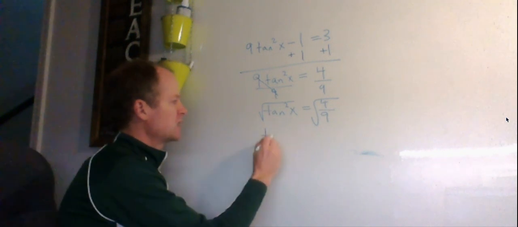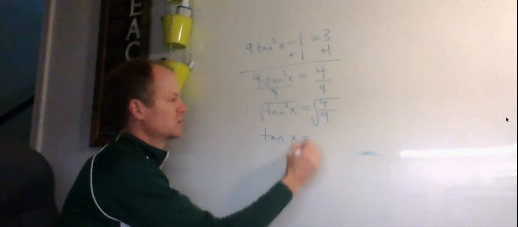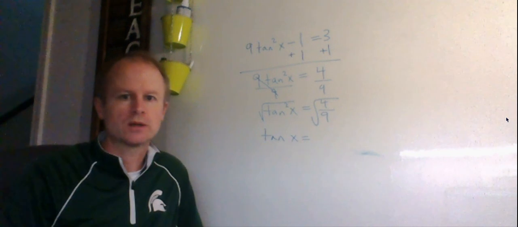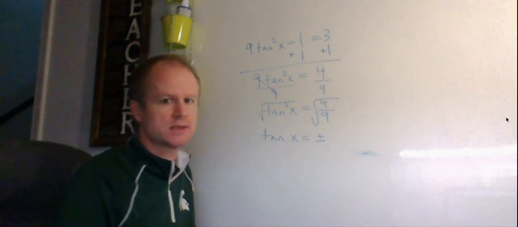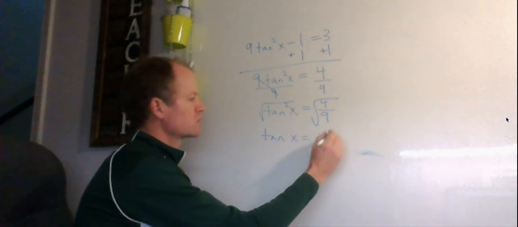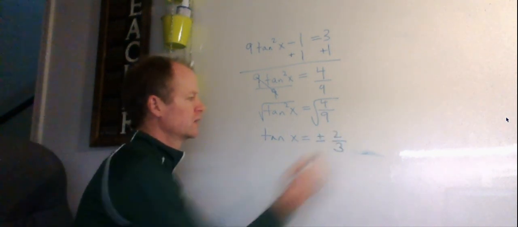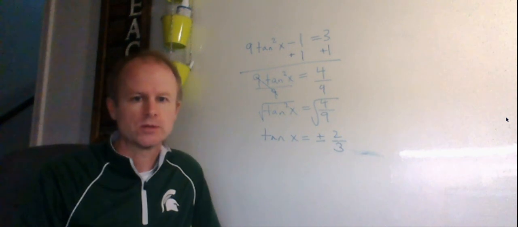And that leaves me with tan of x equals, now since it was a square root and I undid it, I need a plus or minus in front here. That's an easy step to forget about. So it's going to be plus or minus 2/3. So that leaves us with 2 possibilities.